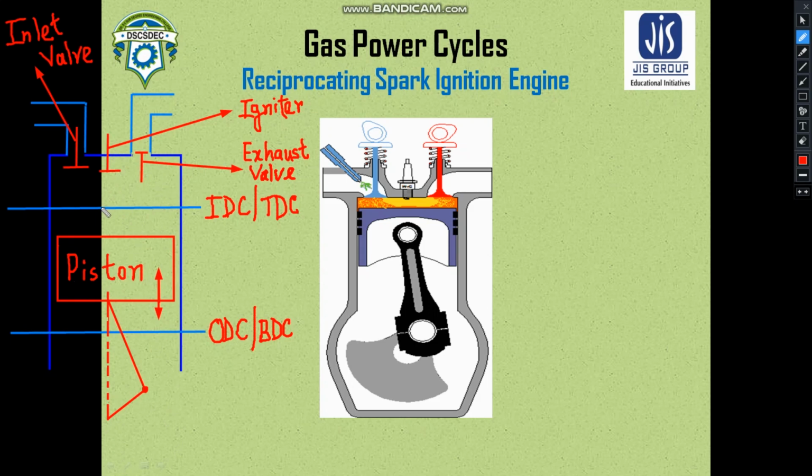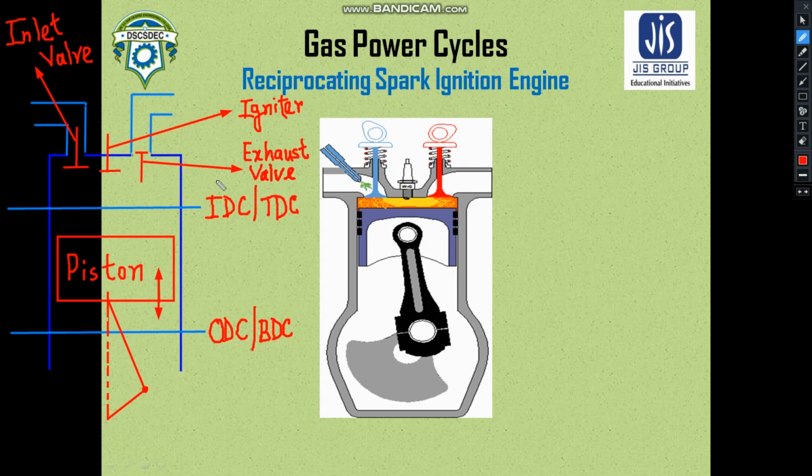This is considered to be a closed system which is ideally insulated, and the piston reciprocates over it. From the inlet valve, the air and fuel mixture enters the system, and from the exhaust valve, the combustion products leave the system. So this is a general introduction.